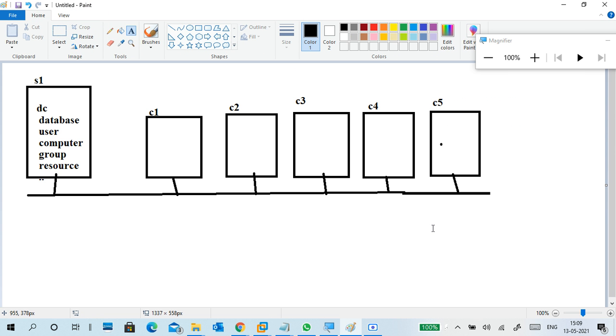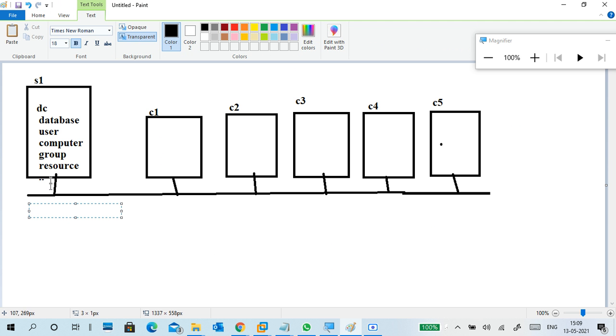Now the name of the database is ntds.dit. Okay, the name of the database is ntds.dit.